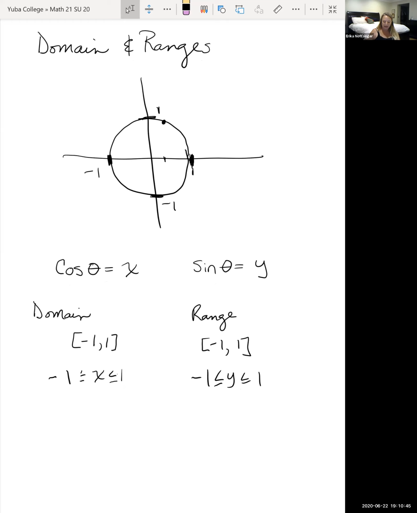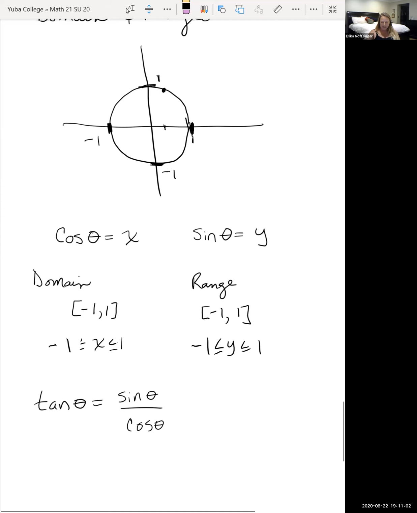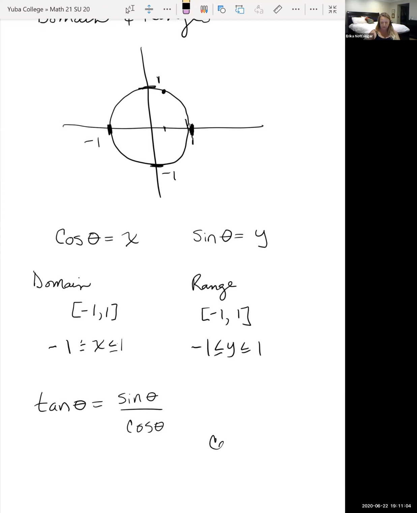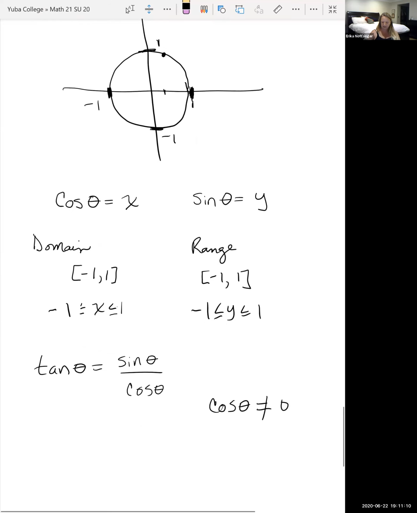We have to be careful with tangent theta. Remember, this is sine theta over cosine theta. We can never have cosine theta equal 0. If so, tangent is undefined.